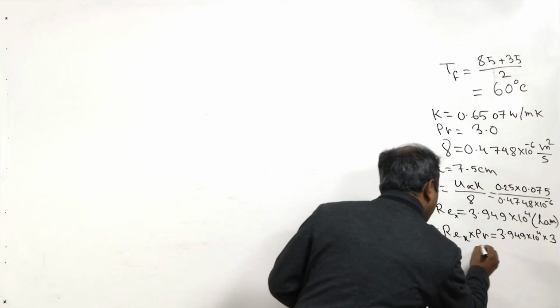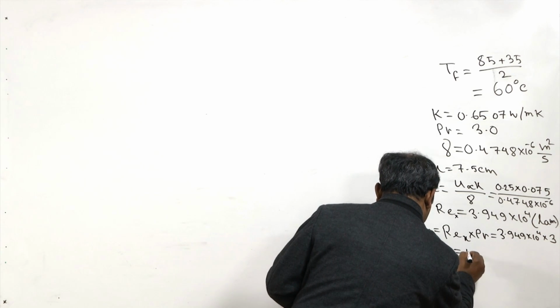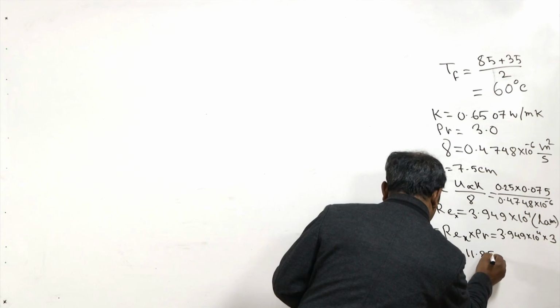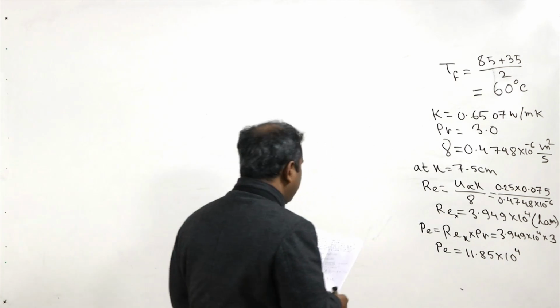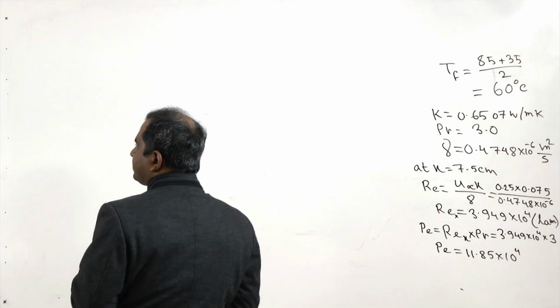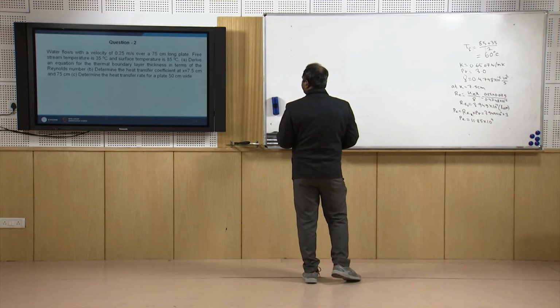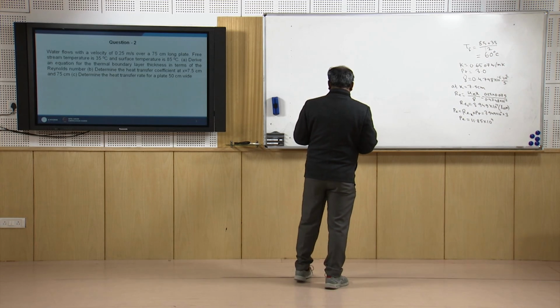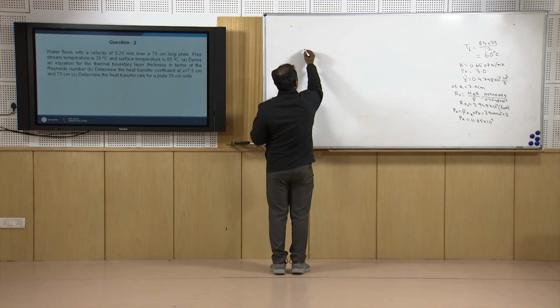If you do that, the Peclet number becomes 11.85 into 10 to the power 4. So we have got the Peclet number. Now the first part let us try to answer. We have to derive an equation for the thermal boundary layer thickness delta T as a function of Reynolds number. So part A, let me do it over here.